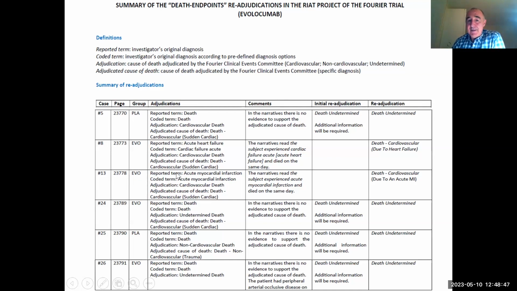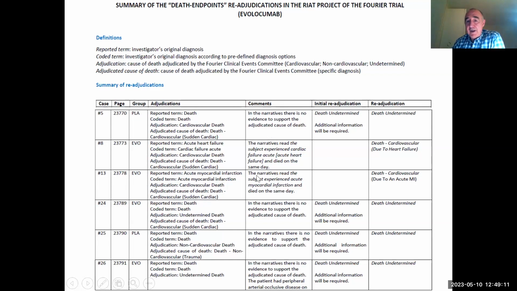The researcher, the clinician who treated the patient, said that he died of acute myocardial infarction. It was adjudicated as a cardiovascular death, but the final adjudication was sudden cardiac death.